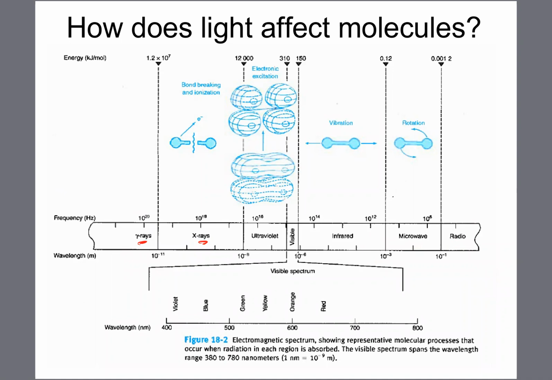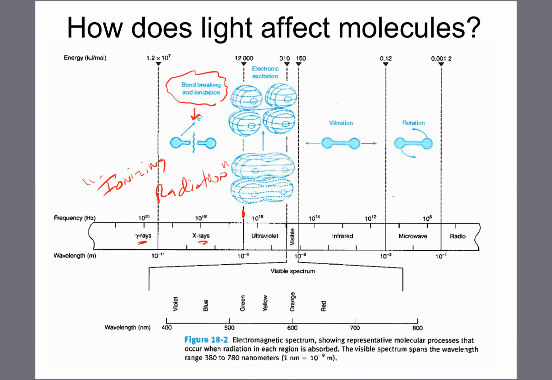Turns out that gamma rays and X-rays are what's called ionizing radiation. Basically what that means is that X-rays and gamma rays contain so much energy in a single photon that they can actually break chemical bonds. They have so much energy.